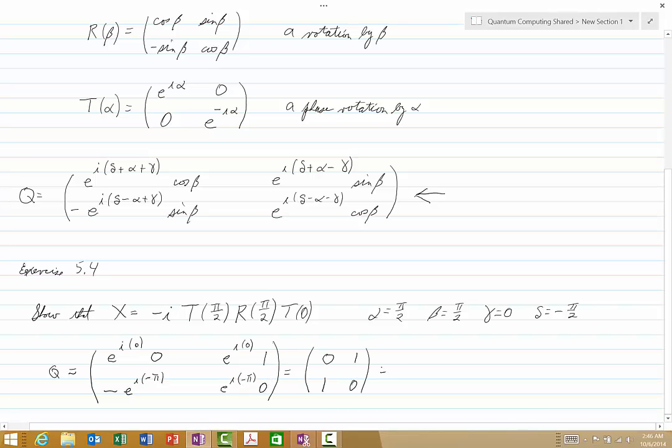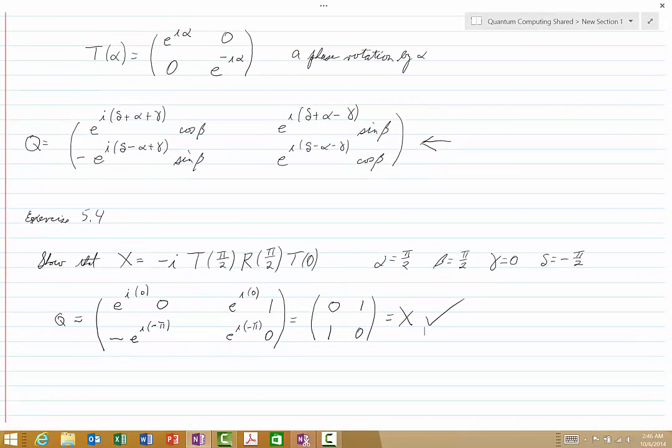And so indeed, that is equal to X. So we conclude that this is a valid decomposition for X. And the other examples given in exercise 5.4 are very similar. The idea here is that any arbitrary transformation of 1 qubit can be written in this form.